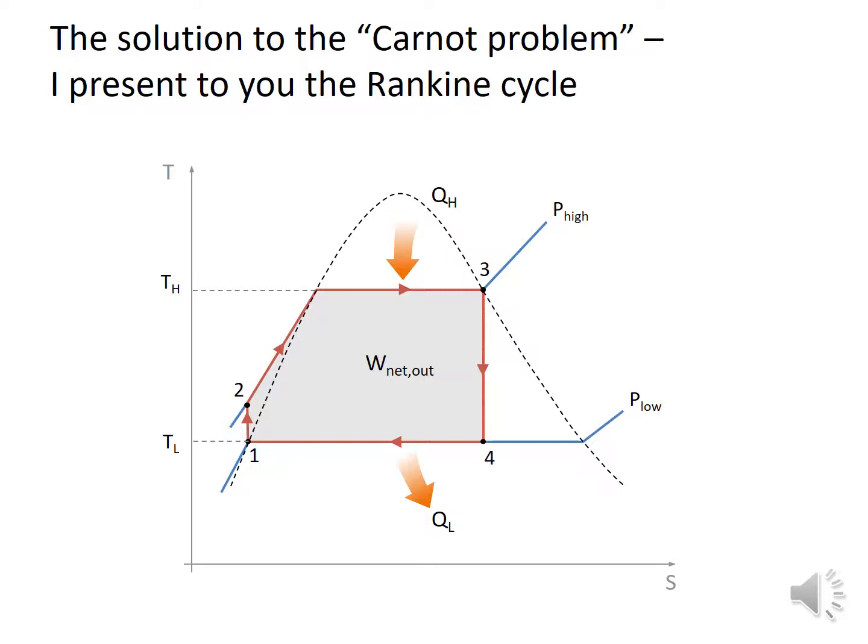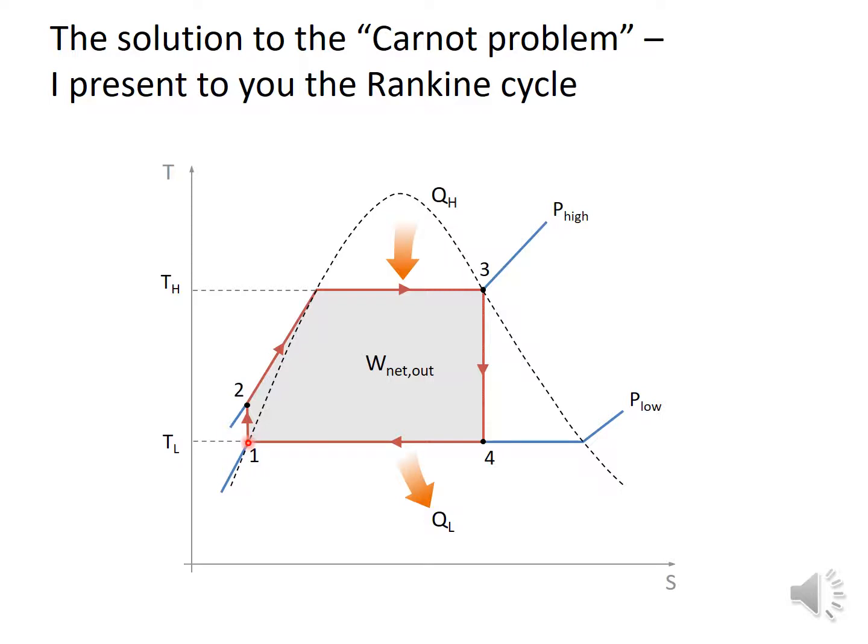So what is? Well, looking at the problem of aborting this type of cooling process, Rankine came to the conclusion: let's cool all the way down to point 1. Point 1 here is exactly on this saturation curve.